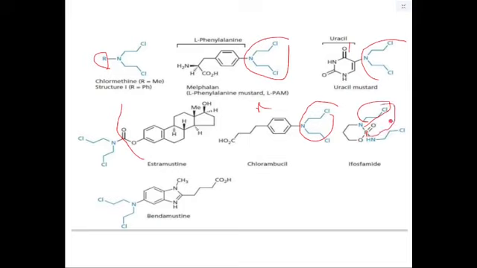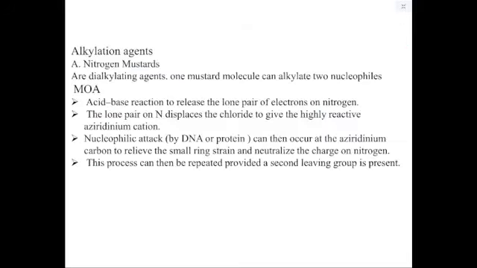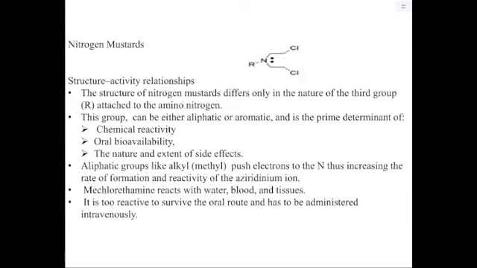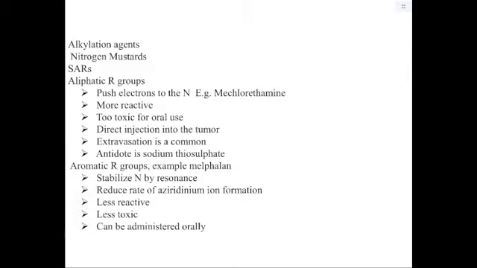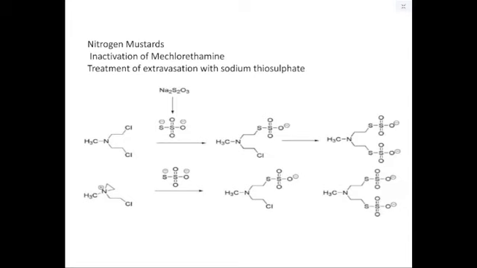So if you look at your structure of cyclophosphamide, this P has two. I hope that's the correct thing, so let's just confirm. I know I have the structure of cyclophosphamide somewhere.